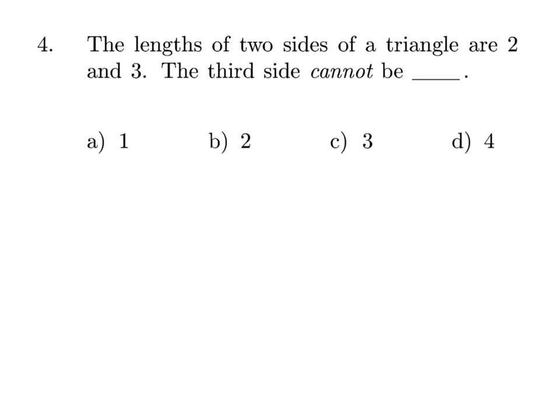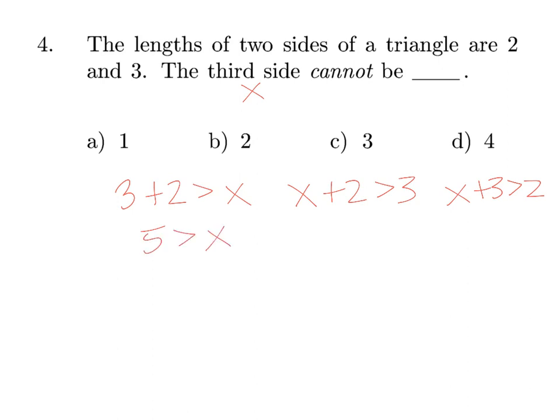The lengths of the two sides of a triangle are 2 and 3. The third side cannot be, alright, the third side, x. It cannot be what? Alright, so I'm going to set up the three conditions here, 3 situations. I have 3 plus 2 has to be greater than x, x plus 2 has to be greater than 3, and x plus 3 has to be greater than 2.